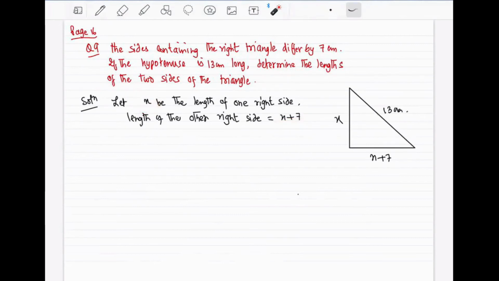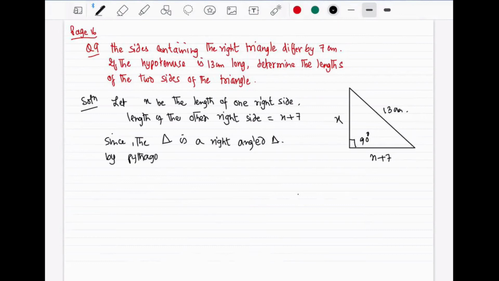Now once again, since this is a right angle triangle, Pythagoras theorem applies. Write Pythagoras theorem then. Since the triangle is a right angle triangle, use Pythagoras theorem.